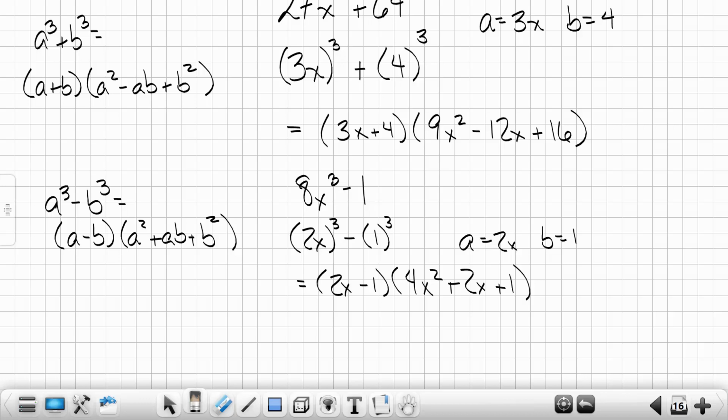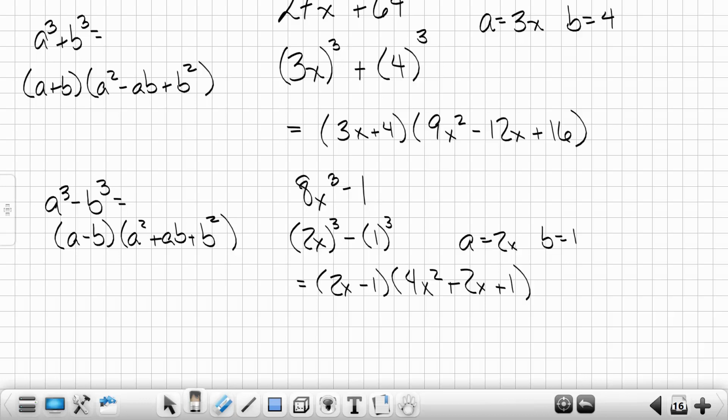So a way we can remember this: a cubed plus b cubed is a plus b times a squared minus ab plus b squared. A cubed minus b cubed is a minus b times a squared plus ab plus b squared. Do these look really similar? Yeah. What's the difference between them?